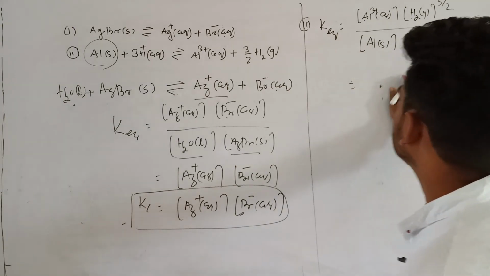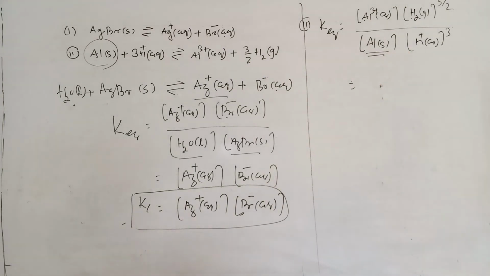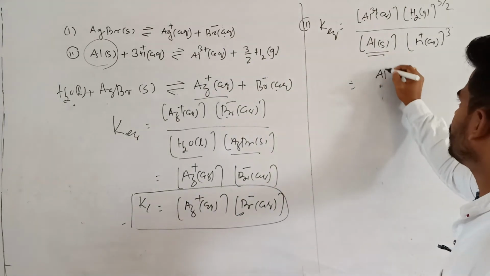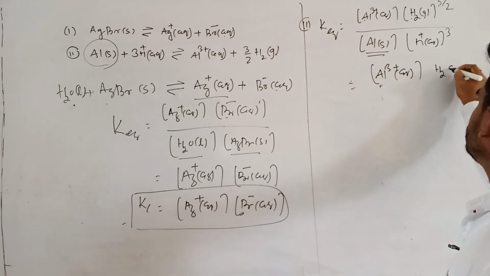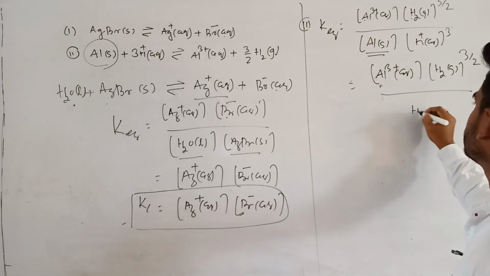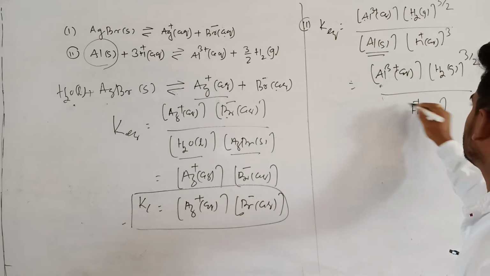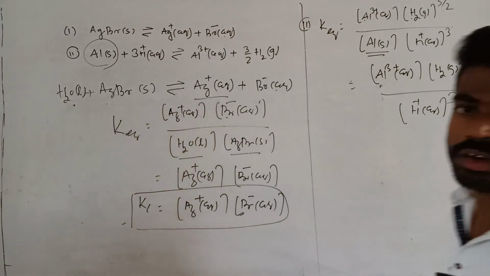But this is not precise, because this is a pure solid, so it vanishes from the expression. That will be Al3 plus aqueous into H2 to the power 3/2 upon H plus aqueous to the power 3. This is the expression for the equilibrium constant.